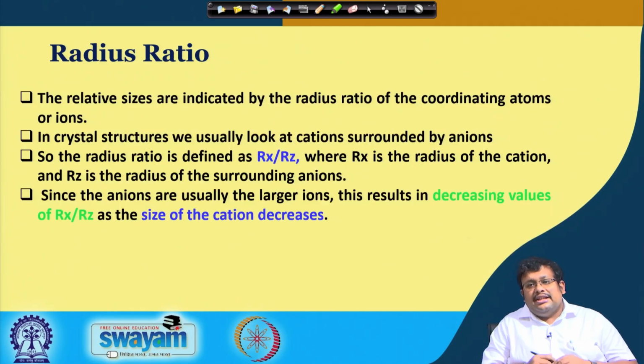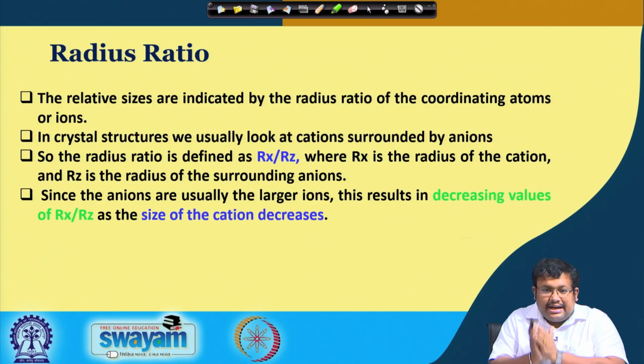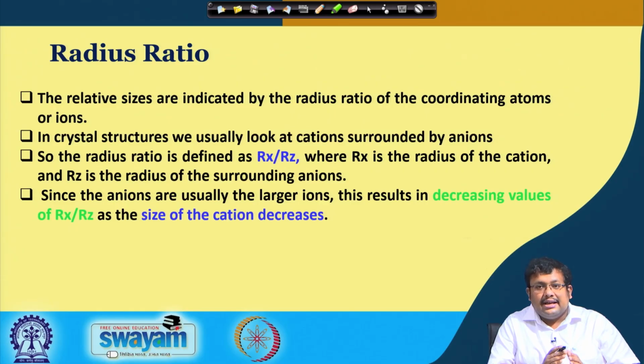Now, another important thing which we discussed in our last lecture is called the radius ratio. Remember, radius ratio is basically the ratio of the radius between the cation and the surrounding anions.